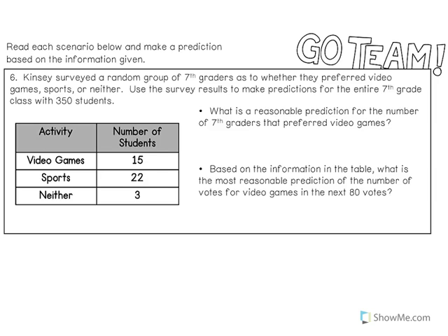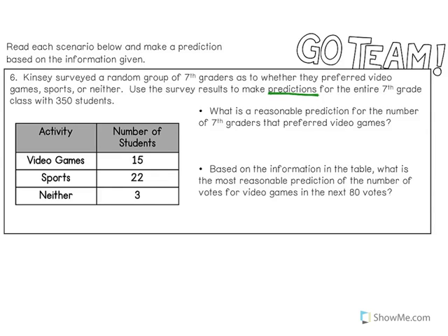Kinsey surveyed a random group of 7th graders as to which they preferred: video games, sports, or neither. We're going to use these survey results to make predictions for the entire 7th grade class with 350 students. Now, does that mean it's going to be exact? No, because this isn't experimental. This is theoretical.